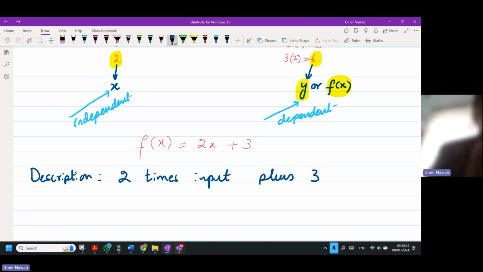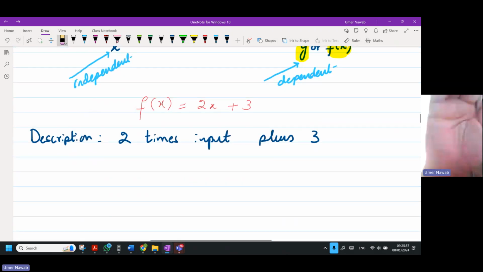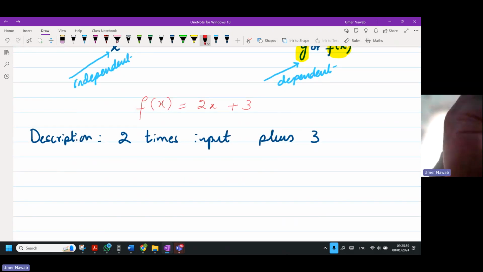Whatever number you think of, you multiply it by 2, and then you add 3 to the result. Let's try.